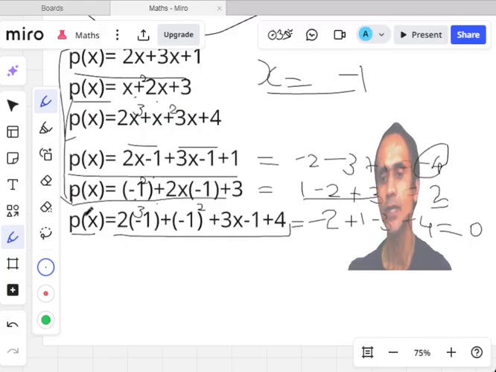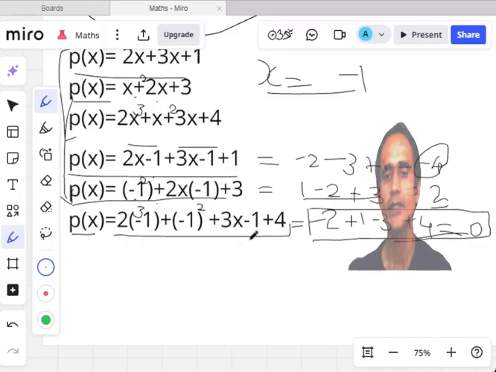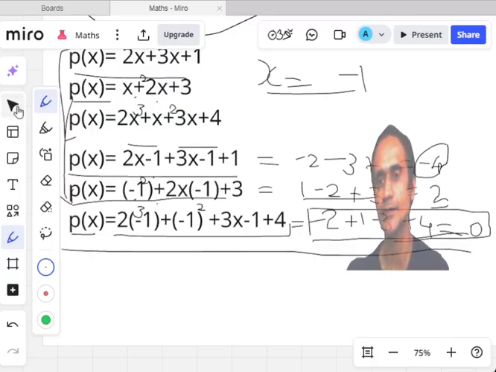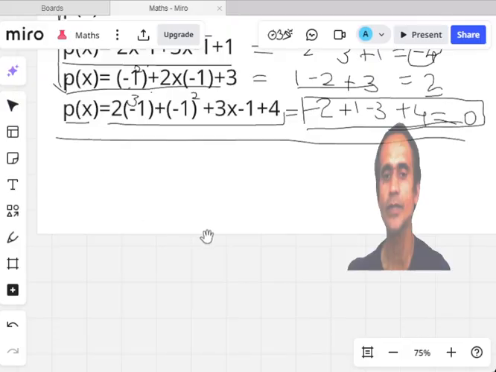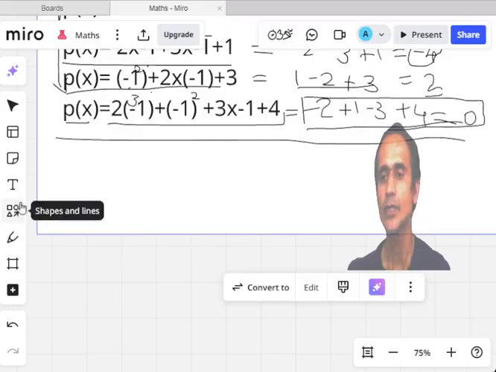So this value of p(x) at x equal to minus 1, where we get the value as 0, is a very important concept in arithmetic, because this is what we are going to study and do a lot of questions on it.